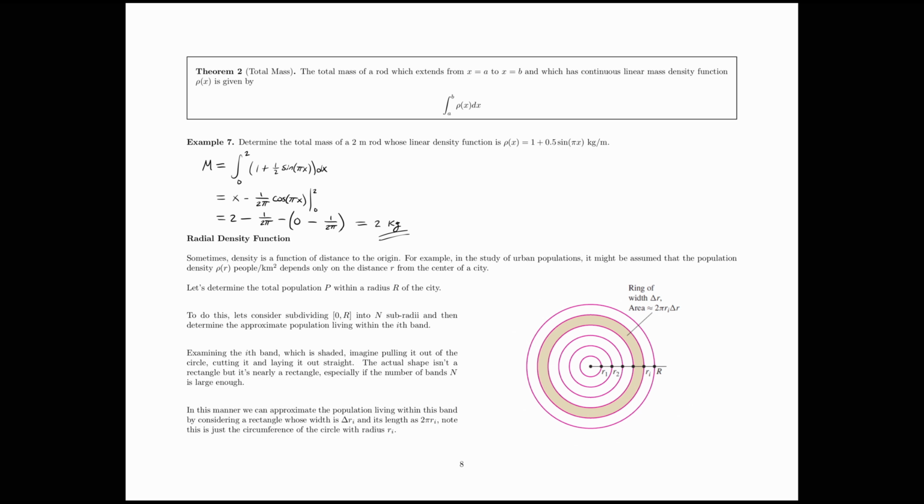So what we can do is imagine taking this band and cutting it. Let's say we cut it right here. And then we're going to unroll it. What this will form is a rectangle. Now, would it actually be a true rectangle? No, it wouldn't be. Try this yourself.